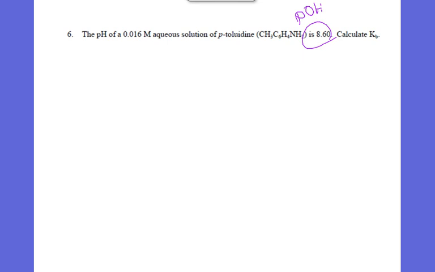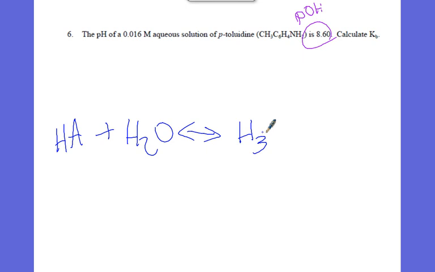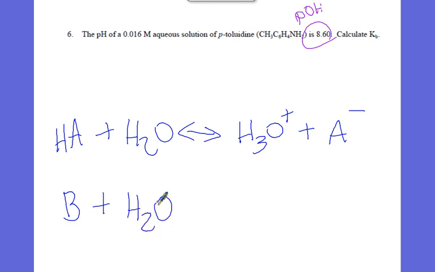So I'm going to just briefly talk, like we have an acid, and it reacts with water, and it produces what? What do we call this thing? This is hydronium. And then there's the anion. If we have a base, the general base reaction looks like this, where B is going to be taking a hydrogen off and producing hydroxide.